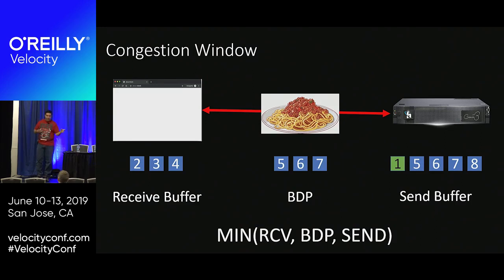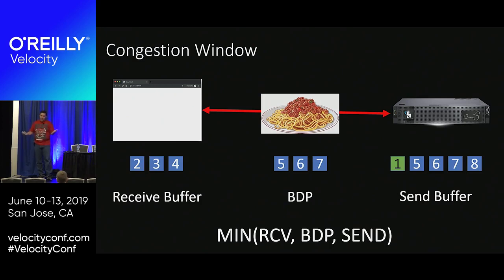Because remember, both ends need to be able to maintain the same amount of data that's in flight in case they need to retransmit or reorder the data. And so if you have a receive buffer or a send buffer that's like 1K and you need 250 megabytes to fill up your BDP, your TCP connection is only going to be doing 1K at a time because that's all it can retransmit if it happened to lose data in flight.